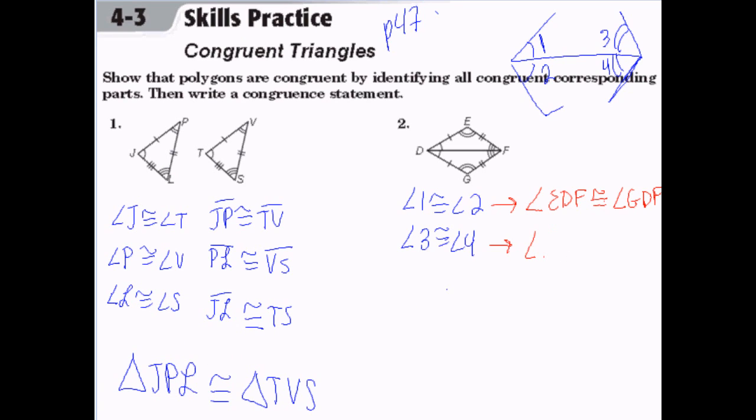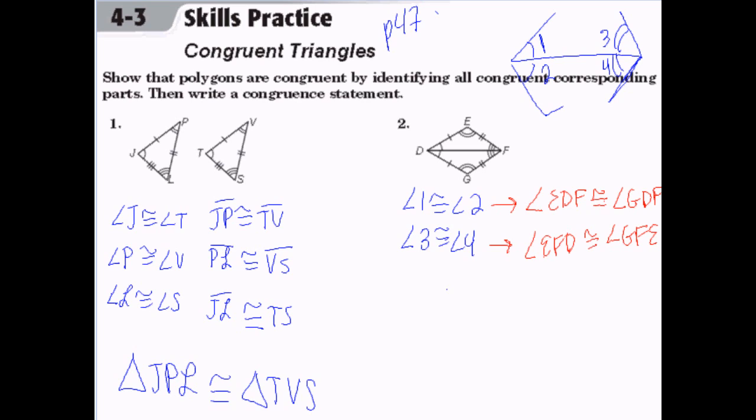EFB is congruent to GFE. So when you have a picture like that, you can either label them with numbers or you can use the letters. But if you use numbers, you have to label it so I know what you're talking about.